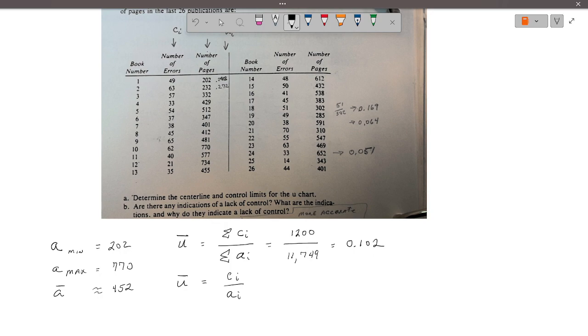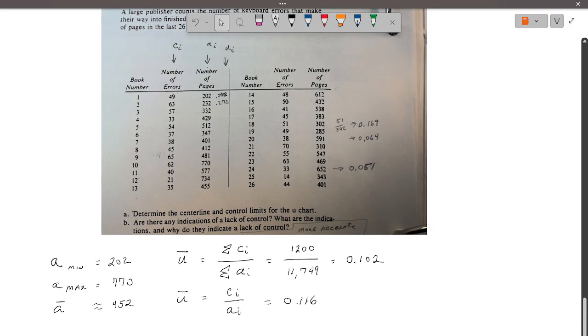And we're going to get a number that looks like 0.116, which is based on finding my highest and lowest numbers here and playing with them. So for instance, take each one of these and calculate a number here for A or U sub I. So 49 over 204. Okay, hold on.